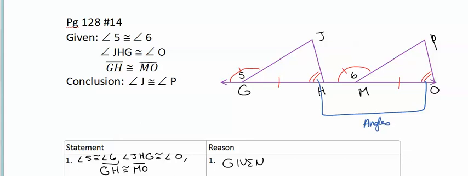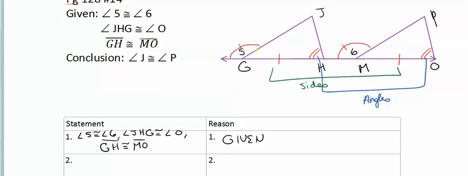We've also established a pair of sides being congruent. So knowing about the postulates that prove congruent triangles, our best option is to try to get either side JH congruent to PO, or angle JGH congruent to MPO.